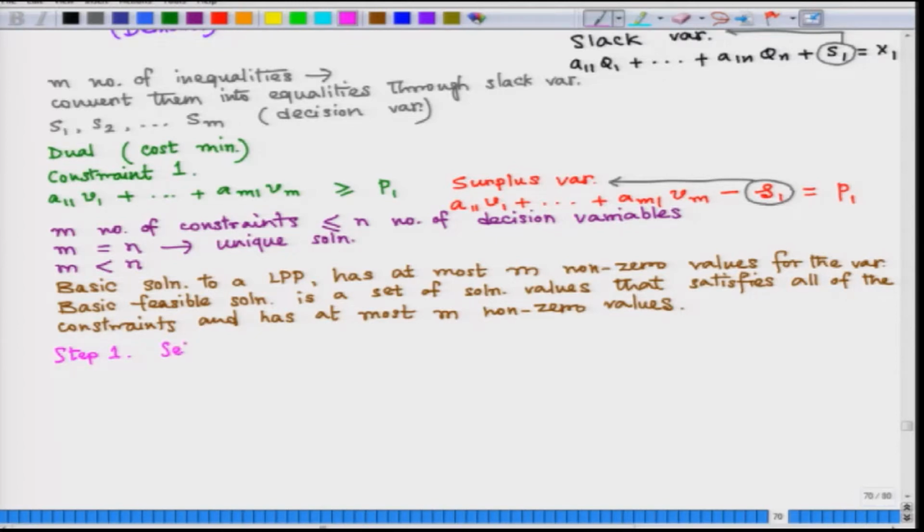So, basically for solution of LPP in step 1, you set n minus m decision variables to 0, okay. And then in step 2 solve m equations.